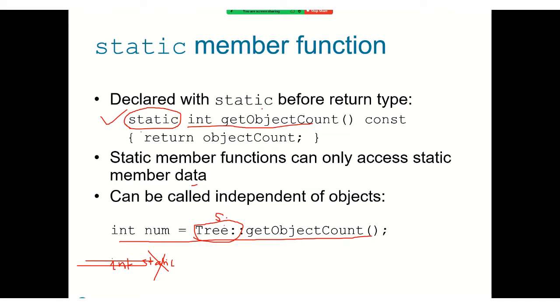So we learned the difference between a static member function and a simple instance member function. The main difference is static member functions can only access the static member data, and you can call it independent of the objects themselves. So let's try that.